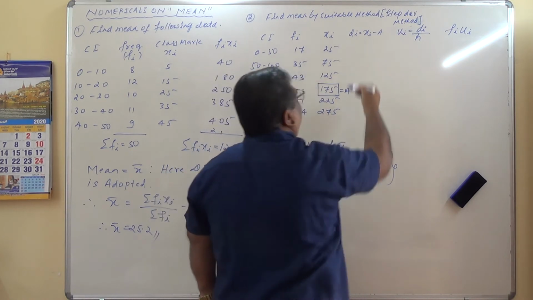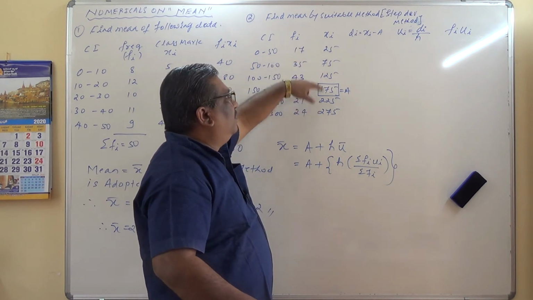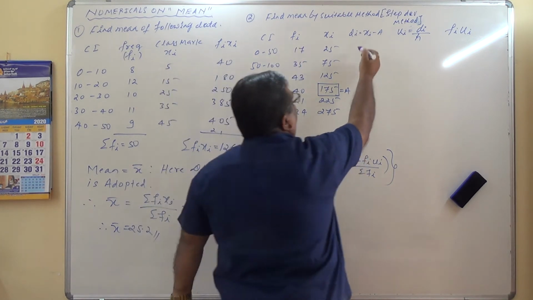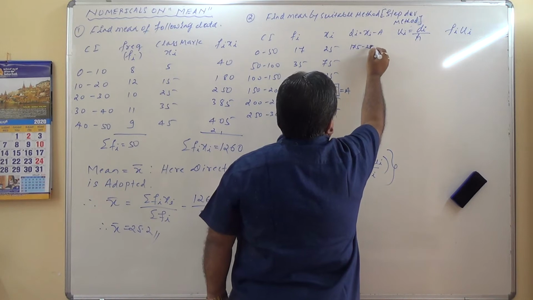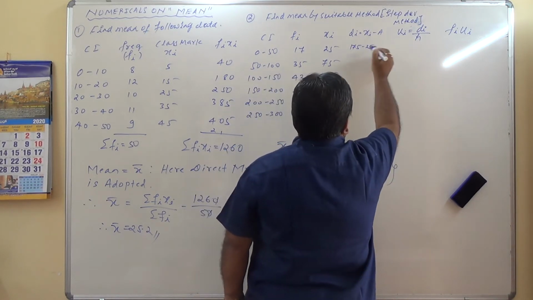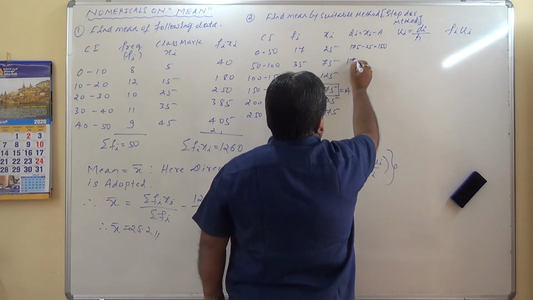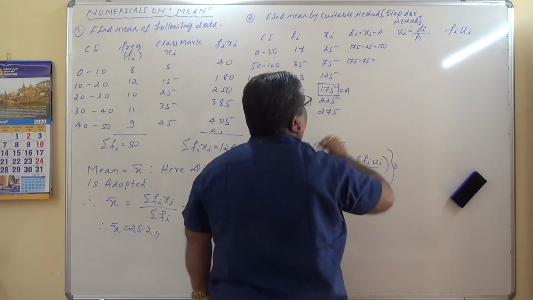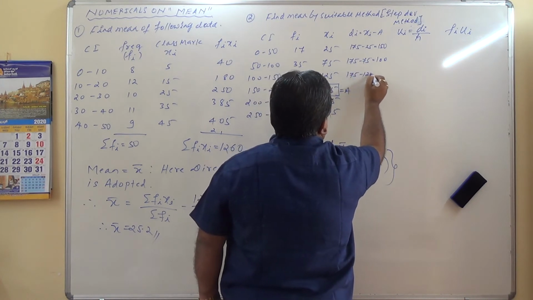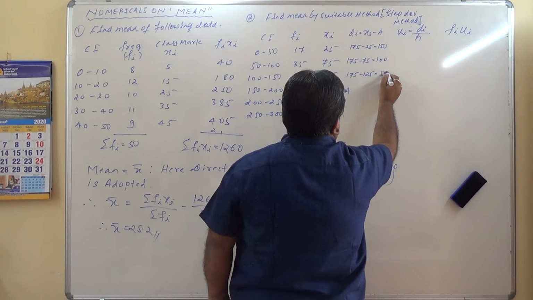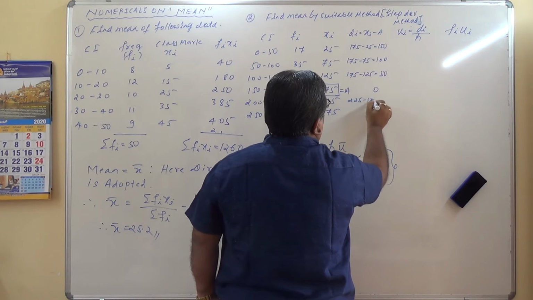So here di is calculated as xi minus A. Xi is 25, 75, 125, all these values are called xi. So let us calculate di here. Here I wrote 175 minus 25 which is 150, 175 minus 75 which is 100, 175 minus 125 which is 50, and this is 0, then 225 minus 175.